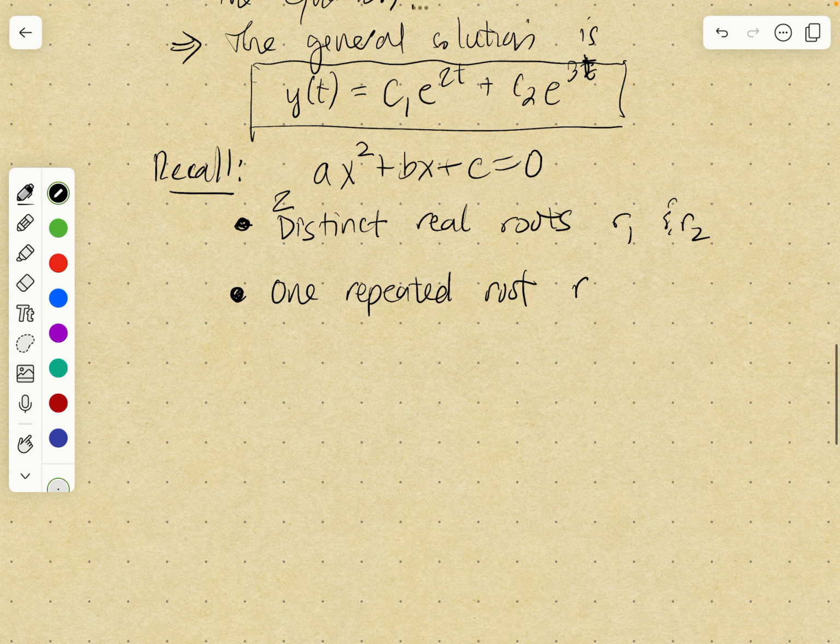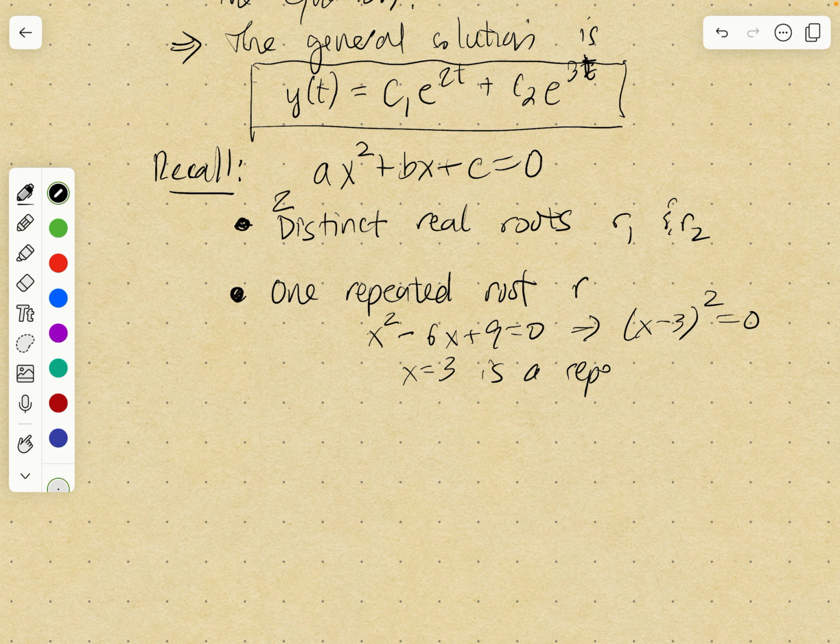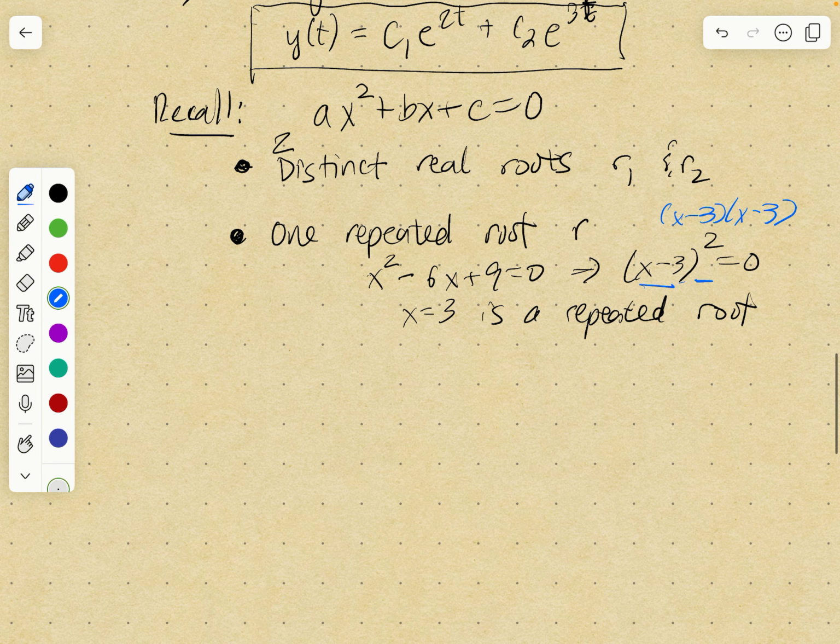A good example would be x squared minus 6x plus 9 equals 0, then you're going to get x minus 3 squared is 0, and x equals 3 is a repeated root. When you factor the quadratic, the same linear term appears twice. It's x minus 3 times x minus 3. So the 3 is a repeated root.